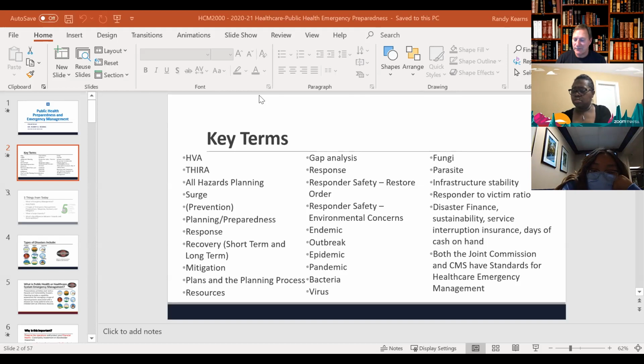Quite honestly, if you work in a hospital, the Joint Commission has a huge interest in it, and the Centers for Medicare and Medicaid Services, they have standards associated with disaster planning and disaster operations. So there will be a part of your job that has to do with disaster management or disaster operations if you work in any type of organization that's either in the hospital or affiliated with the hospital.